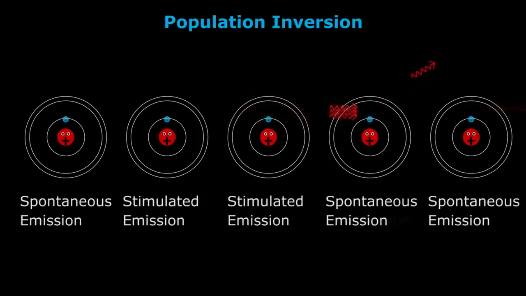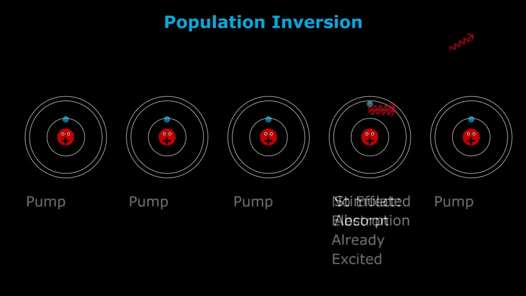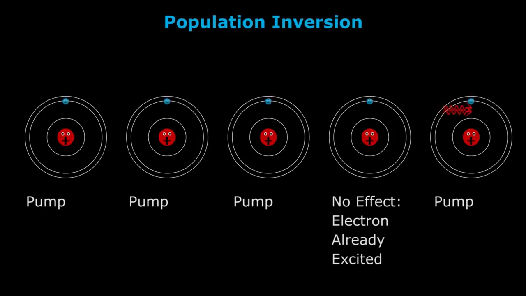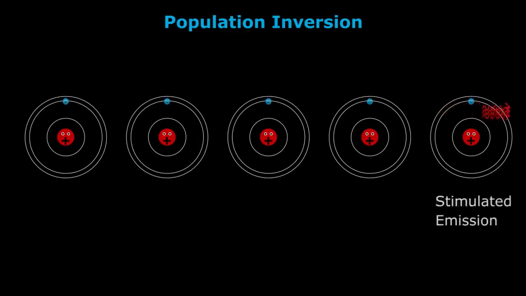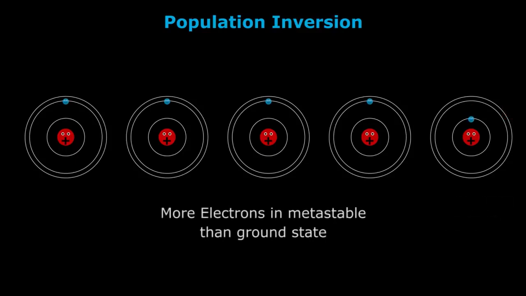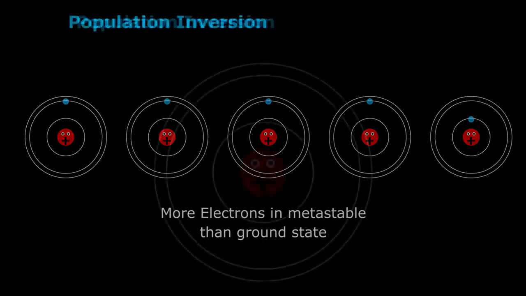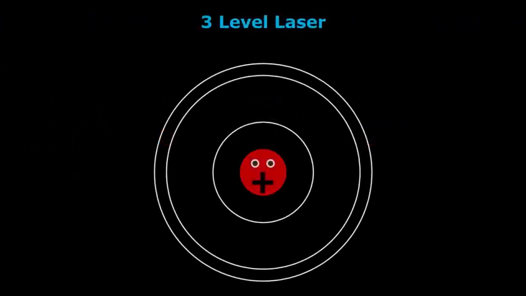Yes, some of these photons will excite ground state electrons directly into the metastable state, but the pumping photons should take care of the majority, and create a situation where there are more excited electrons in the metastable state than ground state electrons, a population inversion. By the way, the above is describing a 3-level laser. 4-level lasers exist and are more efficient.